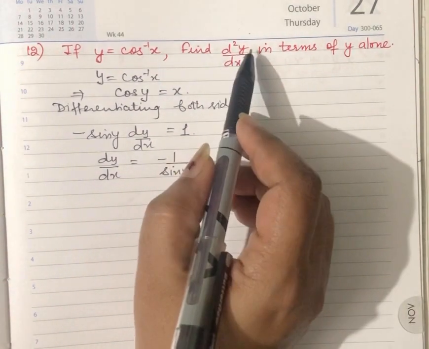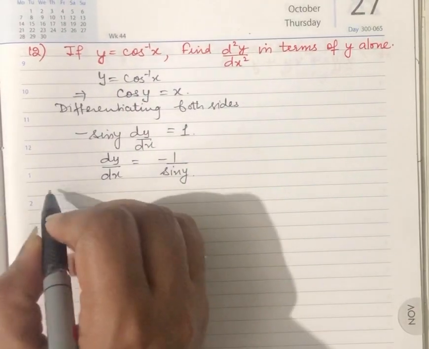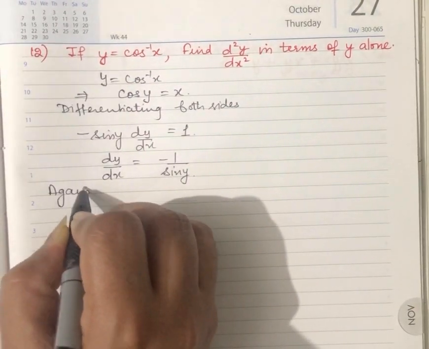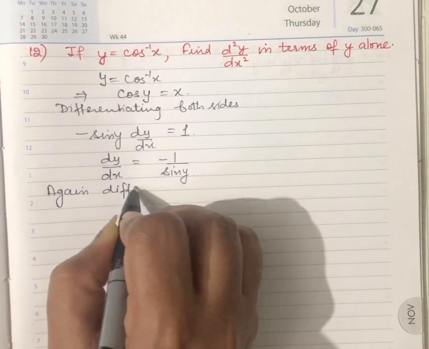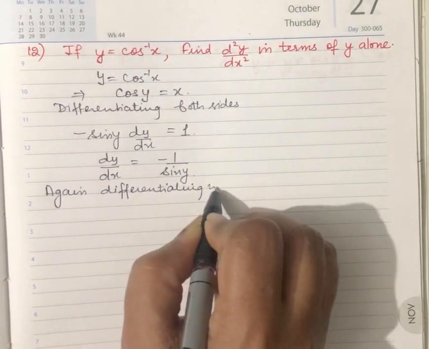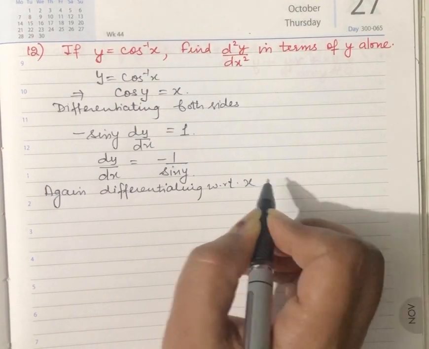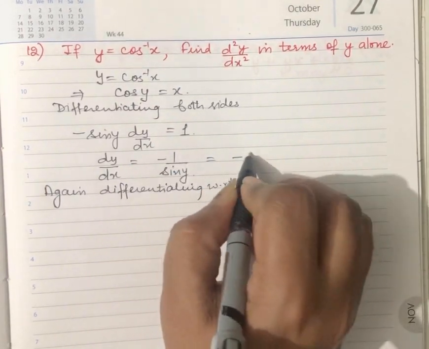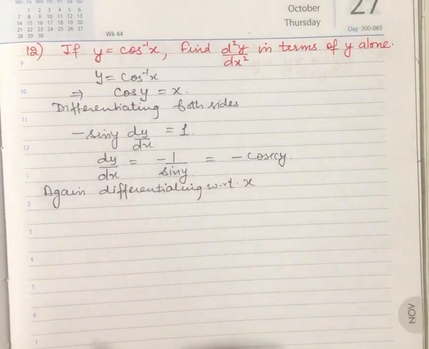Now we have to find d square y by dx square. So again differentiating with respect to x. Now this can be written as minus cosec y.